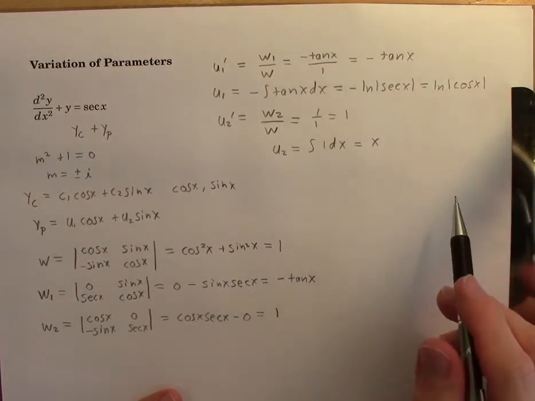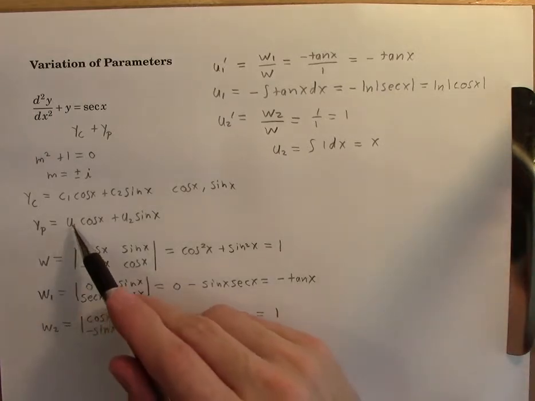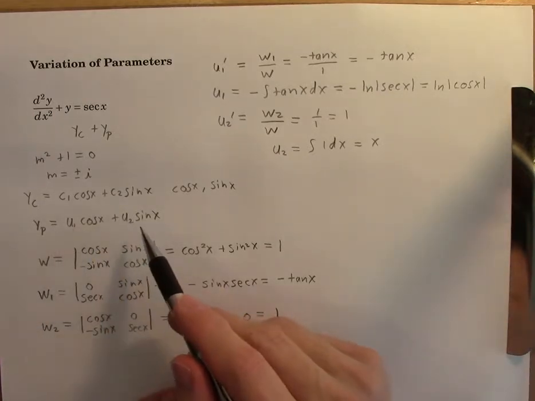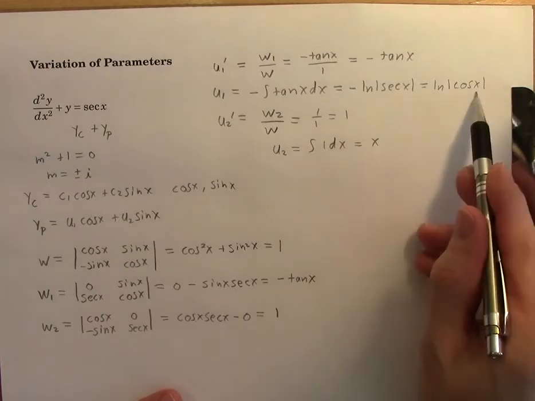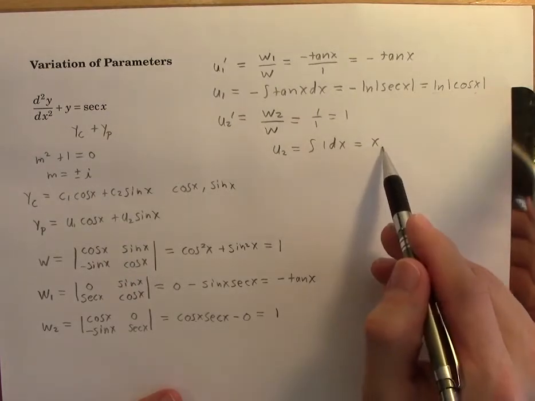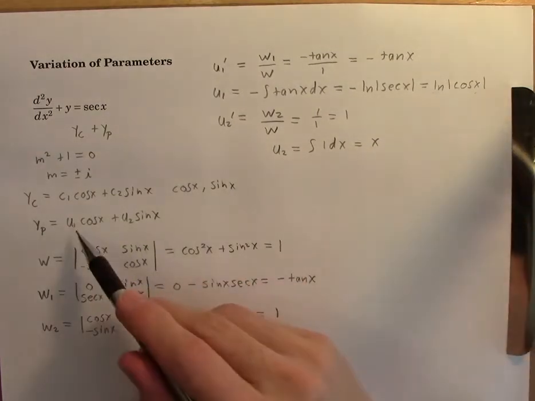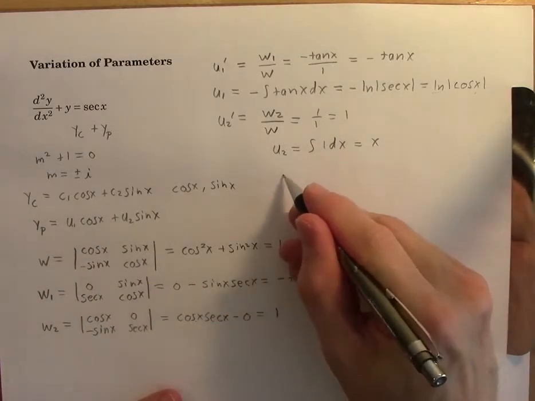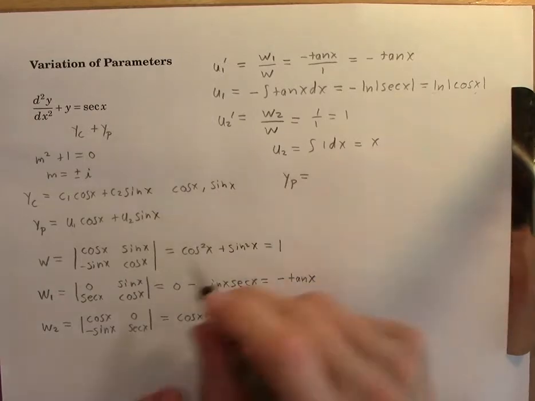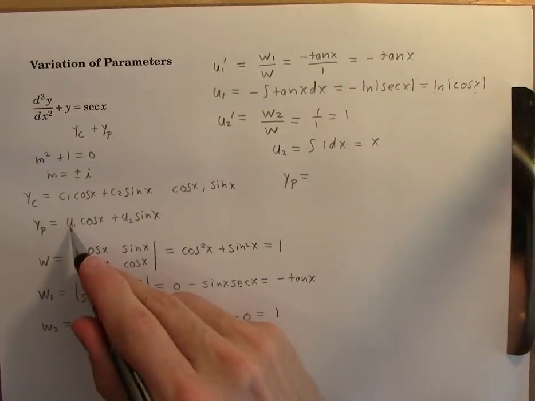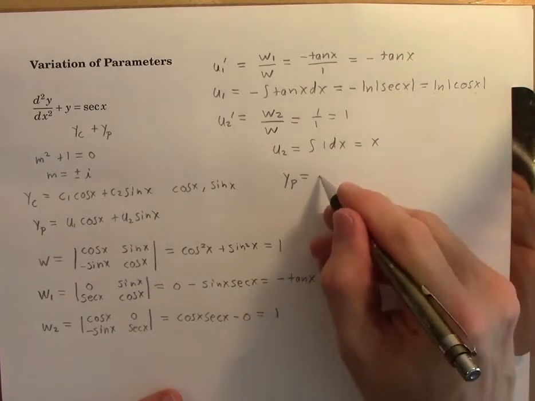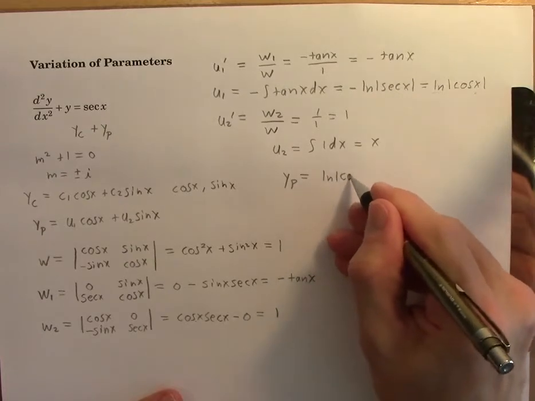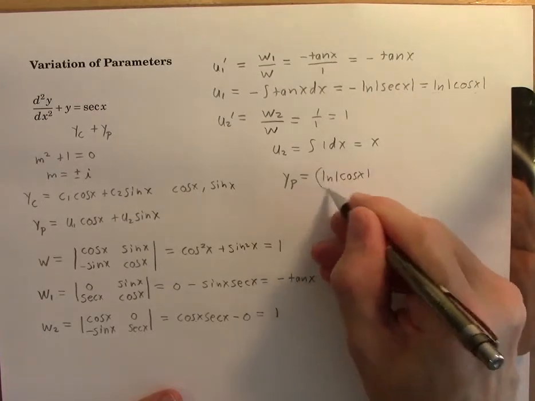And so now we've solved for the two coefficient functions, the u1 and the u2. So we have u1 up here and u2 right here. And we'll just put those in here to solve for yp. So we write down yp. The first thing we go to is the u1, which is the logarithm of the absolute value of cosine of x.